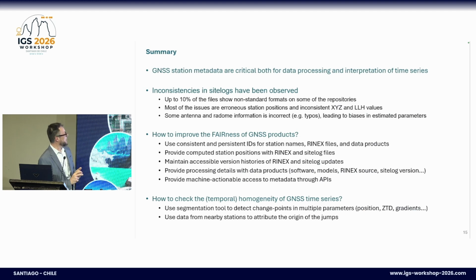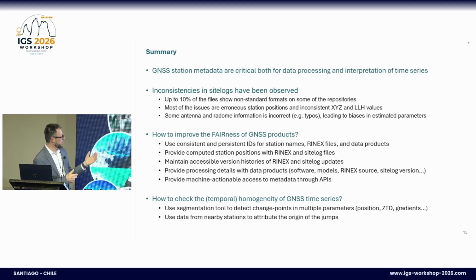Okay, so to summarize, we have seen that metadata are critical both for the data processing step and the interpretation of time series. We found inconsistencies in the site logs over all repositories of up to 10%. Most of them are due to typos, and one of the biggest issues is that it introduces some inconsistencies in the station position, and this is really critical to extract models for the data processing.